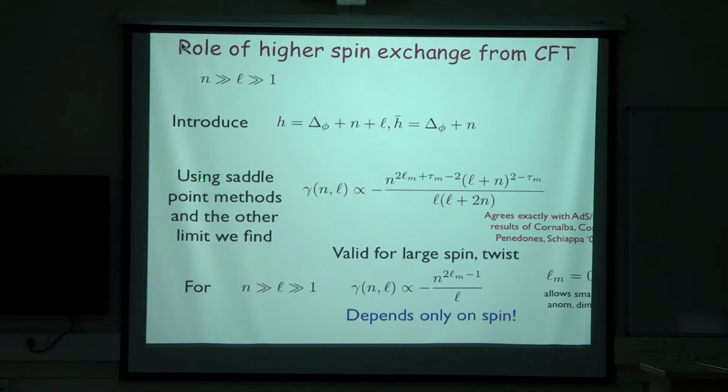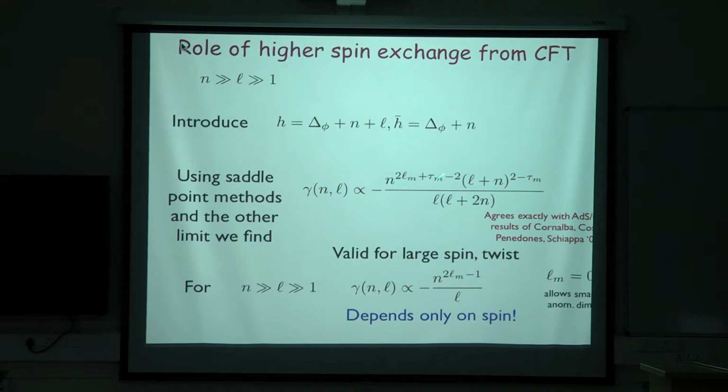And then you can analyze the bootstrap equation using saddle point methods, and also using the information that the subleading correction took on that form. And you can argue that the anomalous dimension will take on this nice compact form with certain powers of n and L plus n. And this result actually agrees exactly with the results that were derived by Kaviraj and company earlier on.